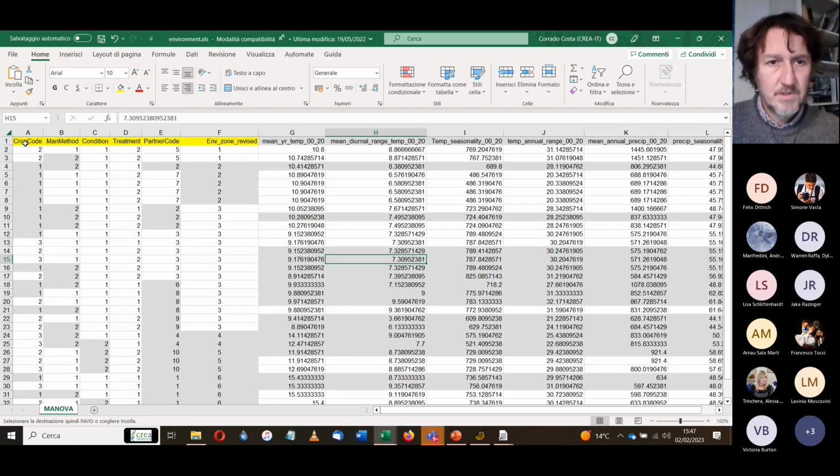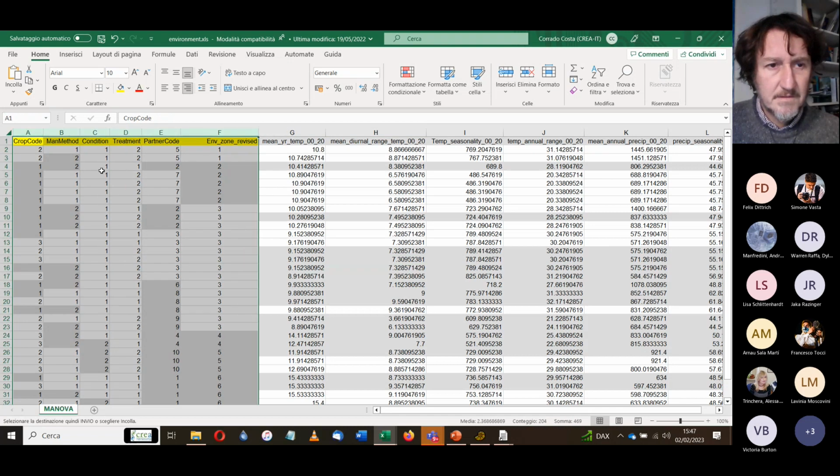Then you have to put the name of the variables. And here you have the factors, these 1, 2, 3, 4, 5, 6 factors. The crop code is similar to the one that we observed yesterday.